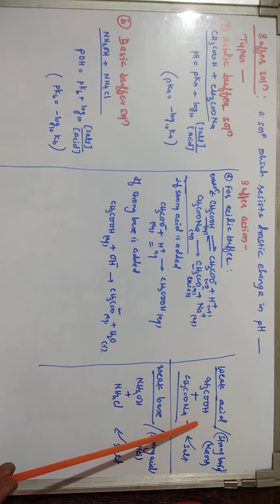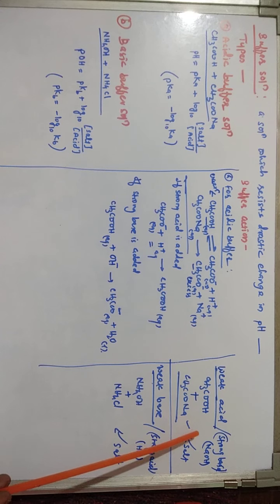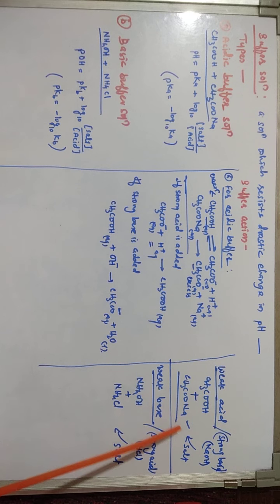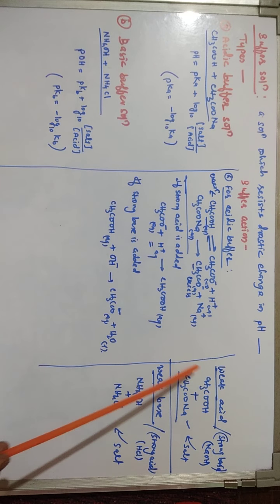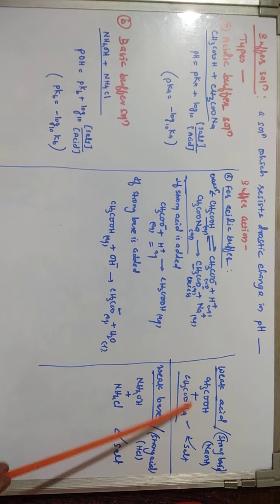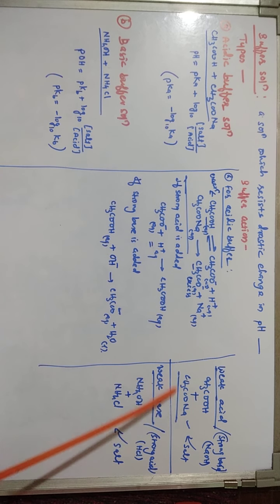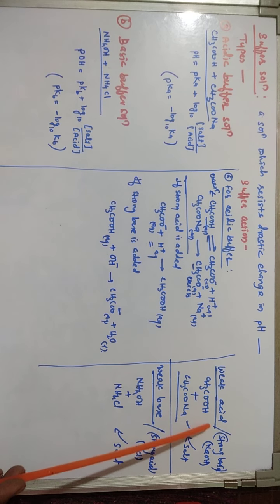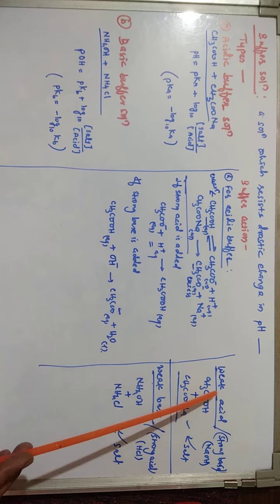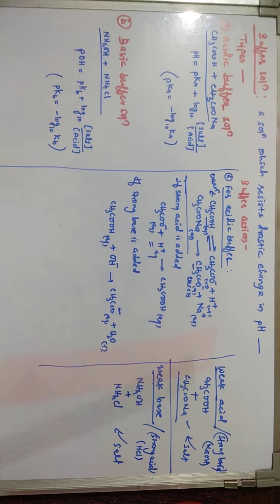A solution which contains a weak acid and its salt of strong base is called an acidic buffer solution. When these two are mixed, the formation of an acidic buffer solution takes place.